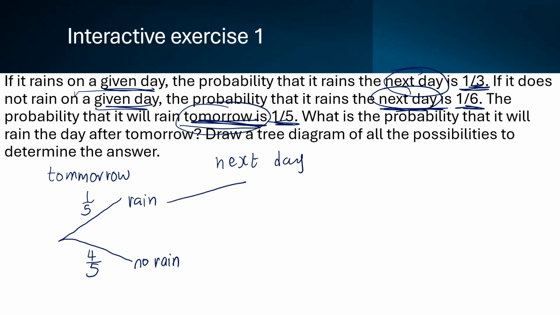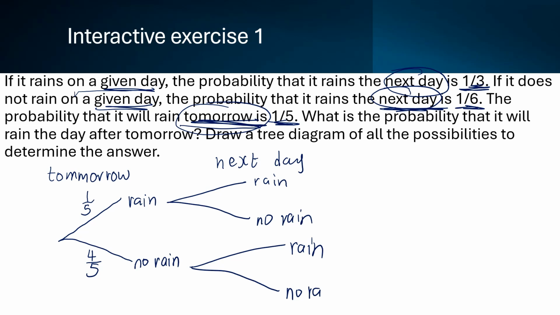So for the next day, it's either it will rain or there's no rain. Similarly, rain or no rain. Okay, guys, we are told that if it rains on a given day, here it rains, then the probability that it will rain on the next day is 1/3.